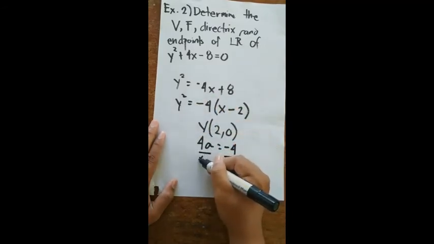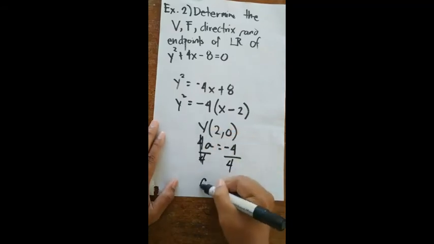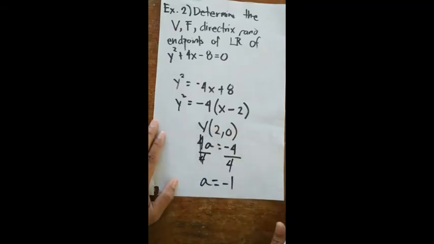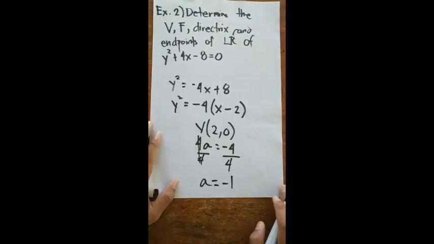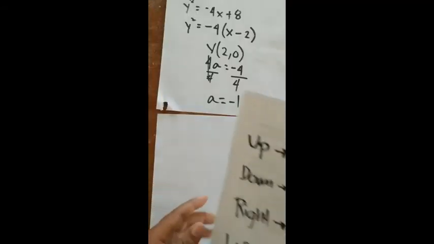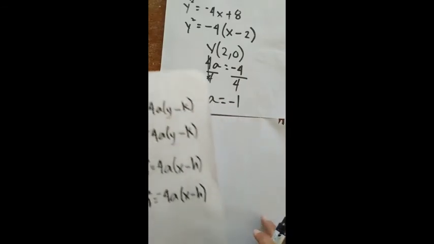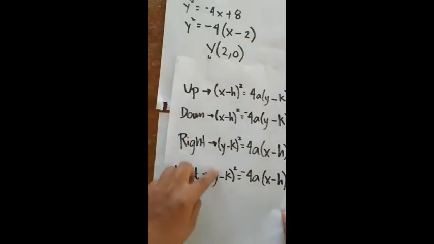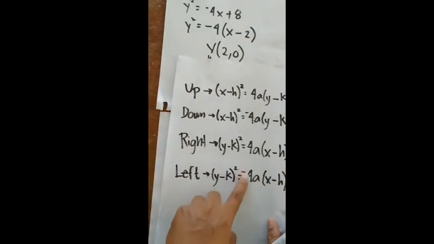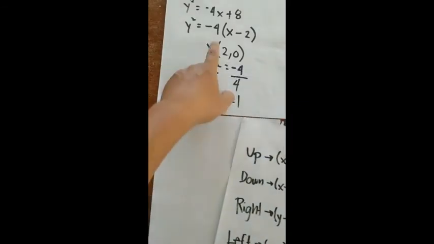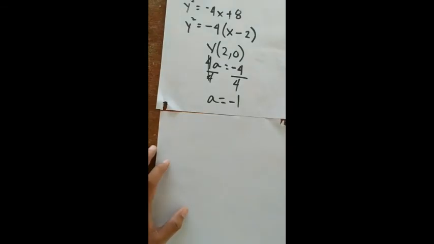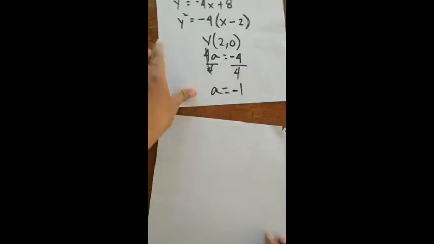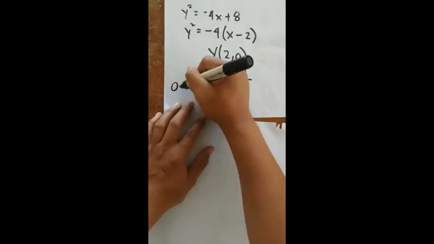Dividing both sides by 4, our a is −1. By the way, let's determine its opening. We have y here, and as you can see we have −4a, which is for opening to the left, and we have −4 here, which means this is opening to the left. Remember that: opening left.